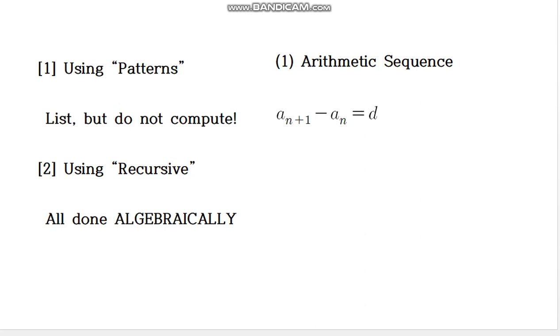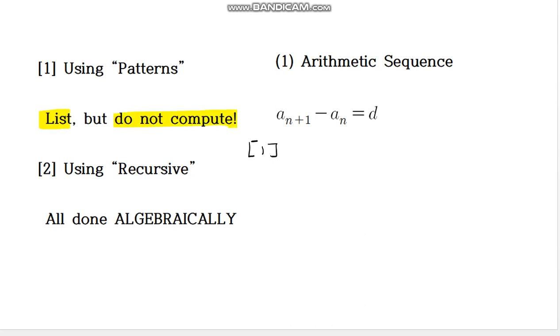Okay, it's right here. So now, let's talk about arithmetic sequence first, and then let's talk about what the first way implies. Like I said, do not compute, right? You gotta list first, but you should not compute.